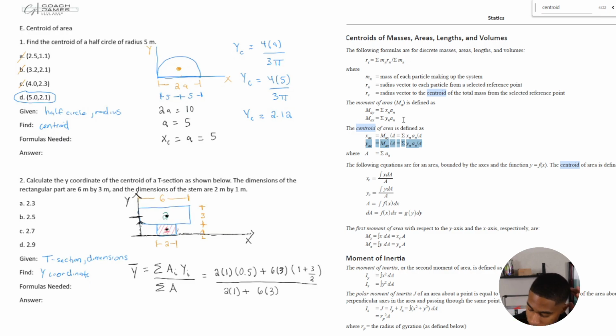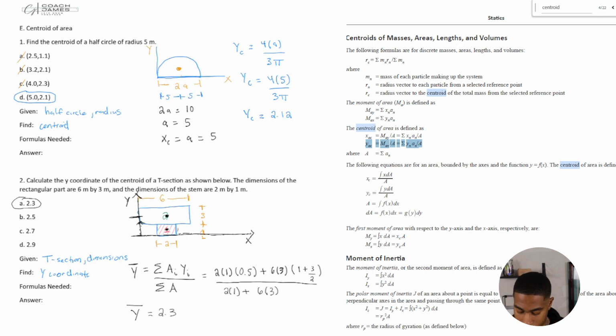And this is going to give us our y coordinate of the centroid of this whole entire composite shape. Okay, so for y bar, we should get 2.3. So our answer is going to be A.